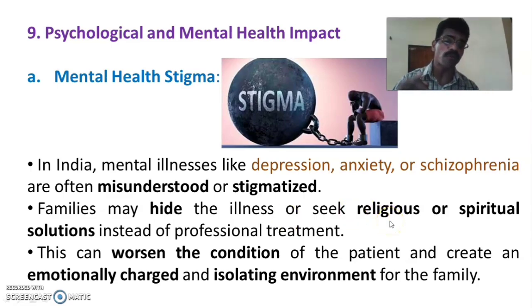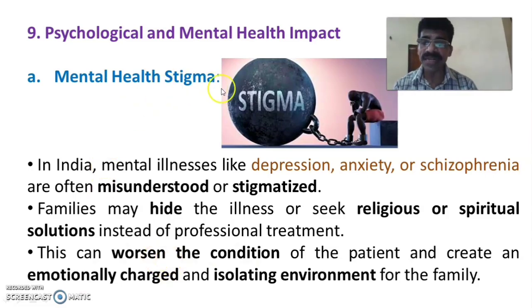Instead, they seek religious or spiritual solutions or treatment instead of professional care or modern advanced medical treatment. All these practices can worsen the condition of the patient, and create an emotionally charged and isolating environment for the family. They will keep away from the particular society.